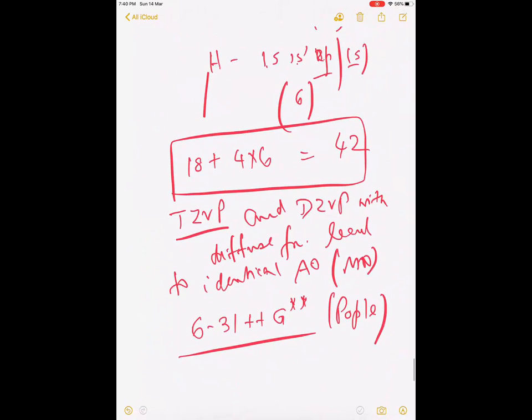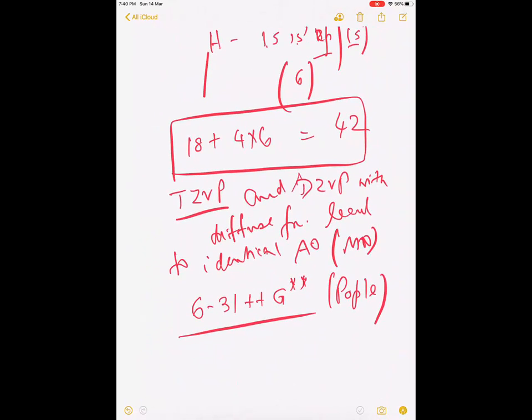In terms of number count, DZVP with diffuse is identical to TZVP. So please don't get confused, but it does a completely different job. TZVP has also 42 atomic orbitals, but it is only improving the valence.